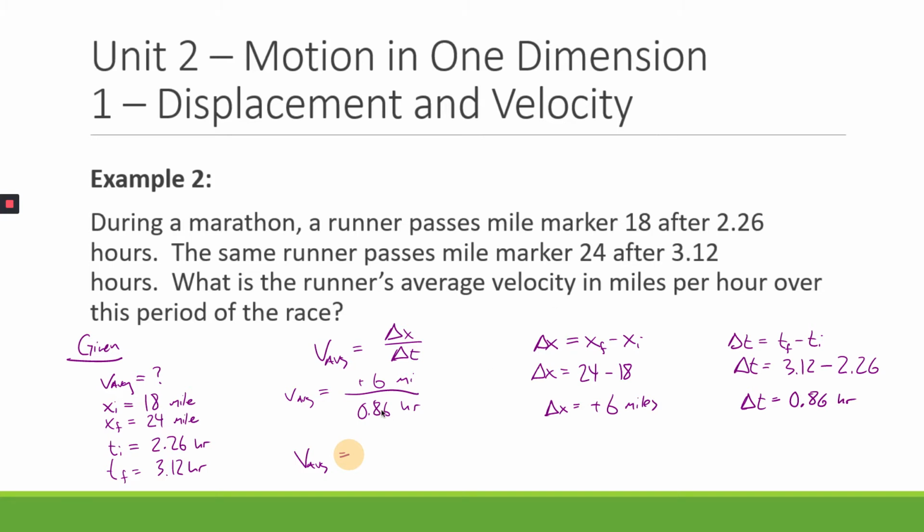Now I want to go over one thing that I kind of skipped over, but I want to make sure you see it. 24 minus 18, we have done some sort of math with measured numbers. So that means I need to pay attention to sig figs. These are both good to the ones column. So we went from 2 sig figs down to 1, but that's okay because it follows the correct rules.